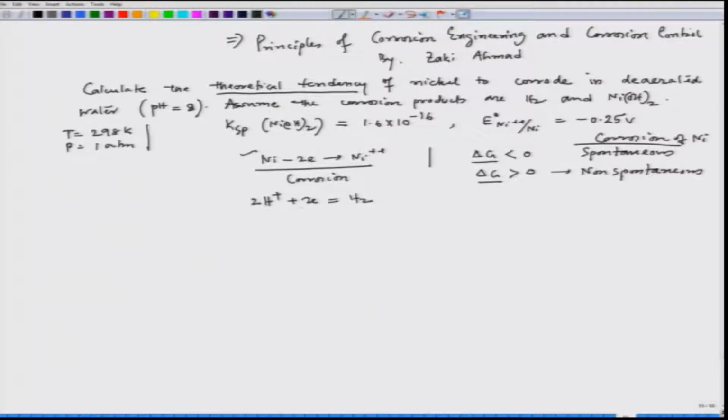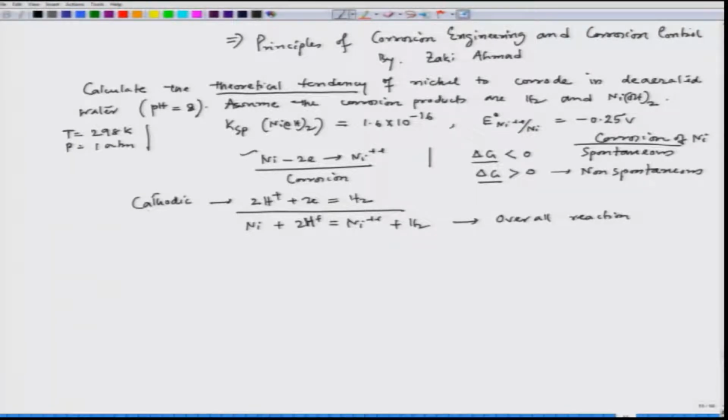If I add them, it becomes Ni plus 2H+ goes to Ni2+ plus H2. So, this is my overall system reaction. That means there is an equivalent cathodic as well as anodic reaction.